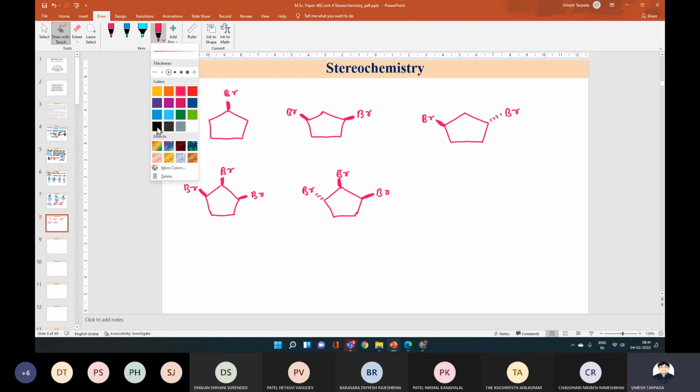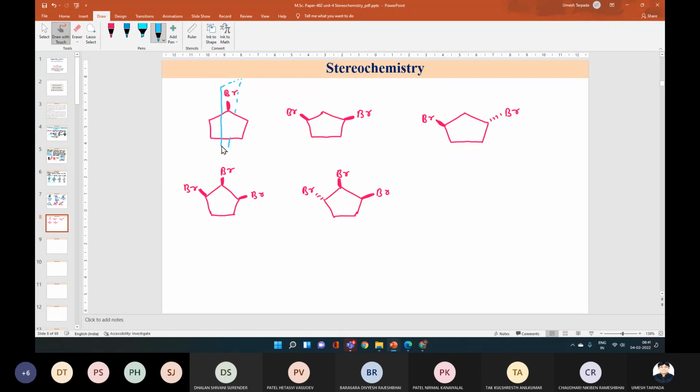Look here, this is a plane of symmetry. So both have a sigma plane. So it is achiral. This is also achiral.